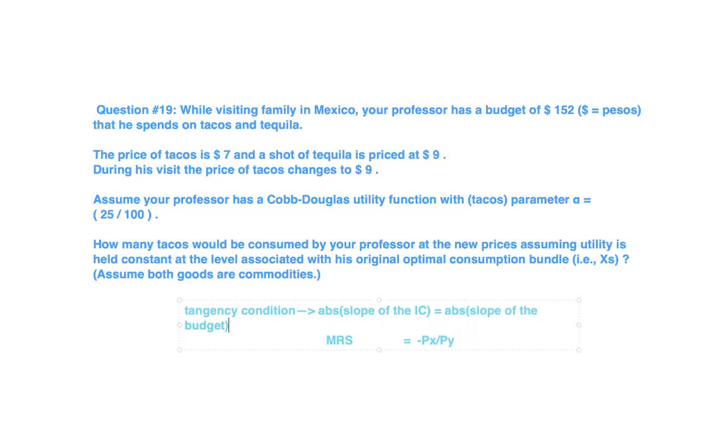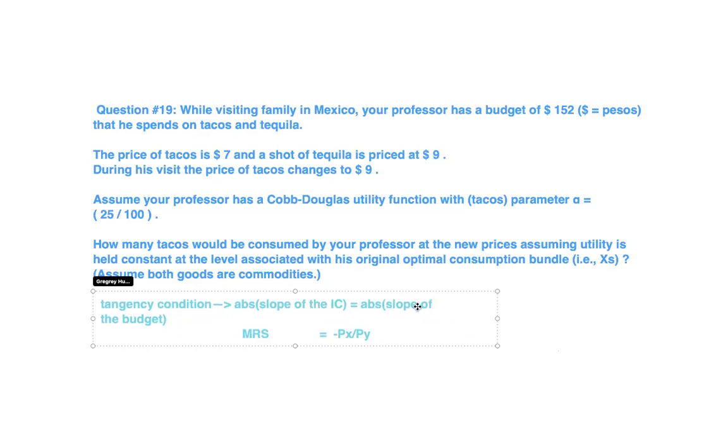So both of these negative quantities become positive, and then we can get rid of the negative sign. And this is the true: marginal rate of substitution is equal to the price ratio.